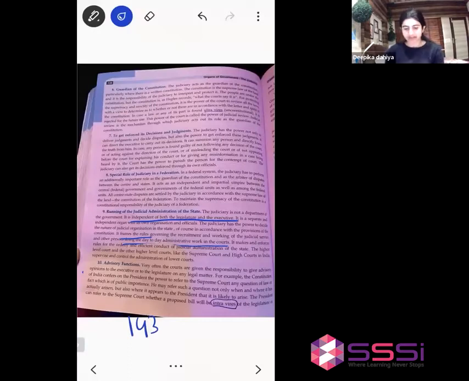Yes, the president can seek the advice of the Supreme Court under Article 143. Under Article 143, full stop. It can seek advice in two categories of matters.